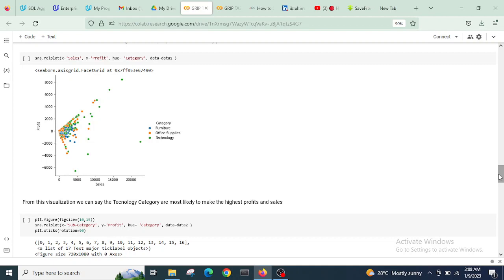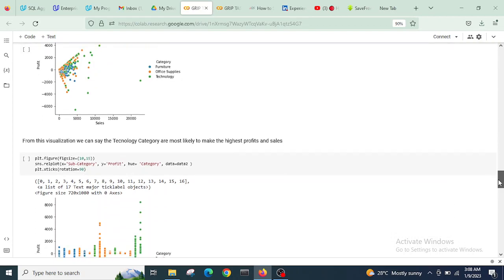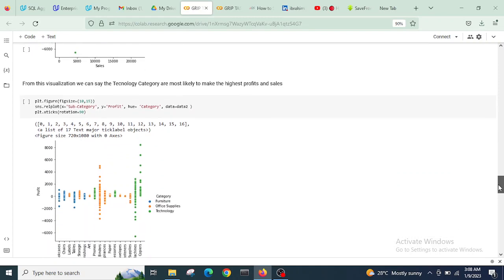We can see that the ones with the highest, which is green, technology, are mostly amongst the high parts of sales. So technology category is most likely to make the highest profit and sales.